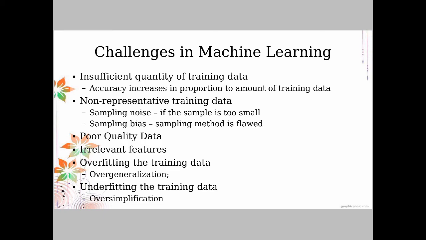Because you are creating a very simplified model that doesn't really represent the actual patterns that happen. That means there are many underlying complications, many underlying events that are being ignored by oversimplification. So basically, this is underfitting. These are the challenges in machine learning.